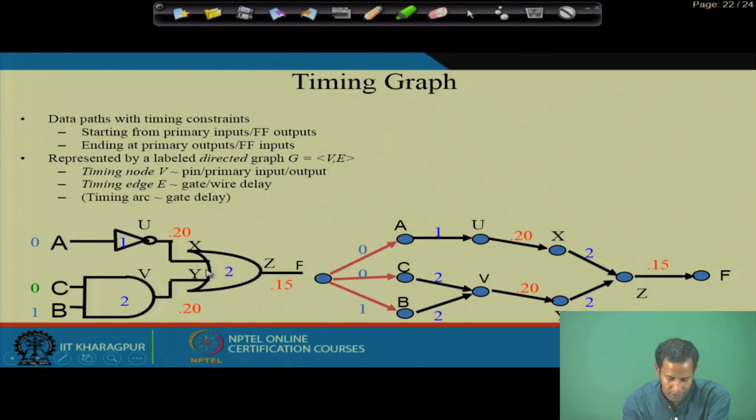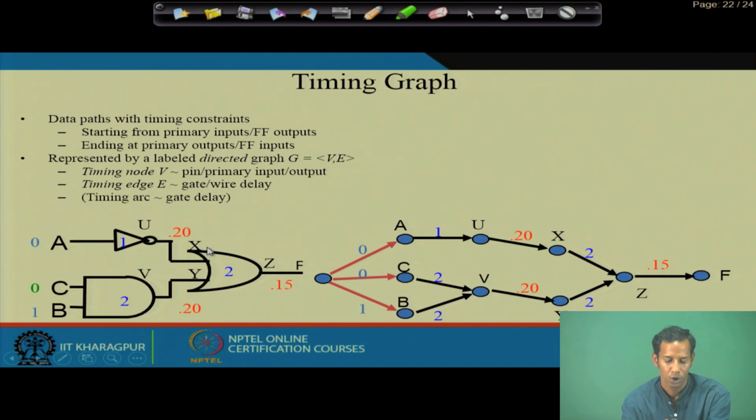Then we have u to x, v to y, which is 20, 20, and z to f, which are also labeled with the corresponding path's timing information.